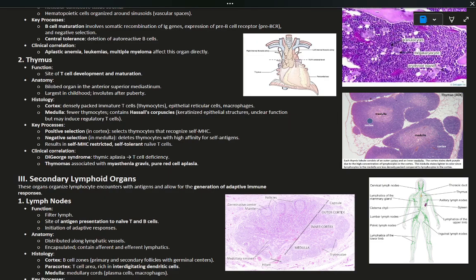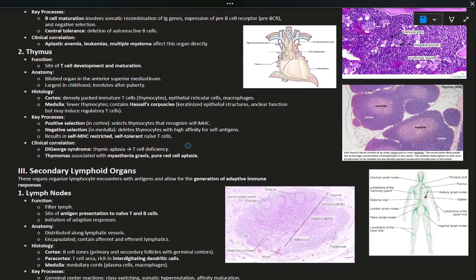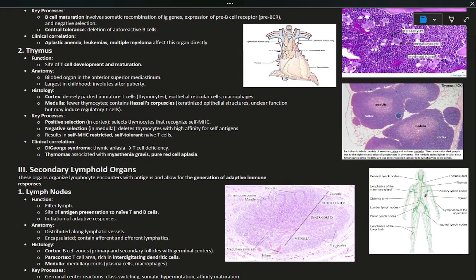And we can see the medulla here being surrounded by the cortex. And then the dark purple color of the cortex is due to the high concentration of lymphocytes in the cortex, in this case, the concentration of immature T cells.